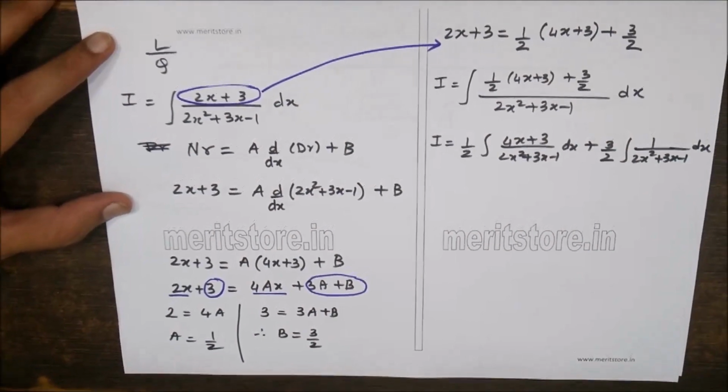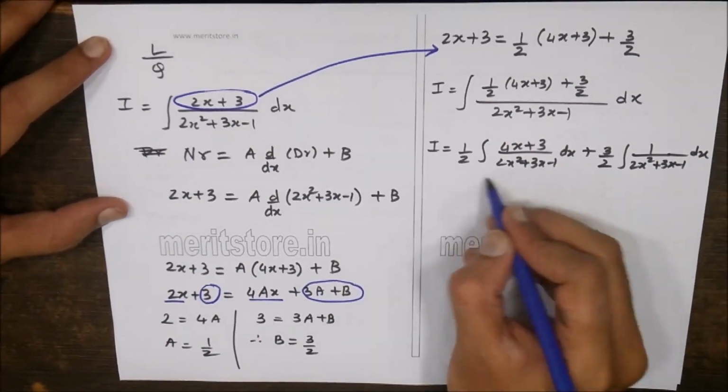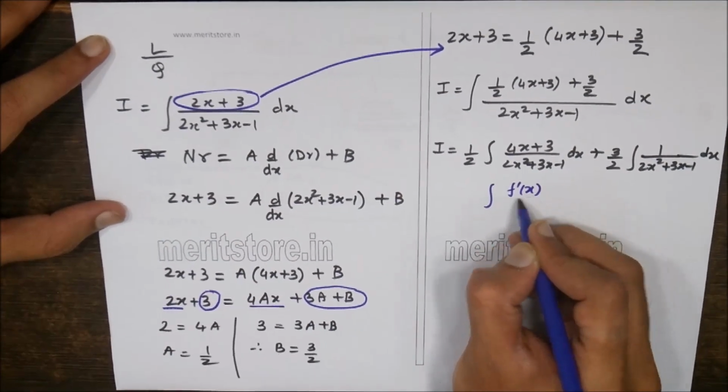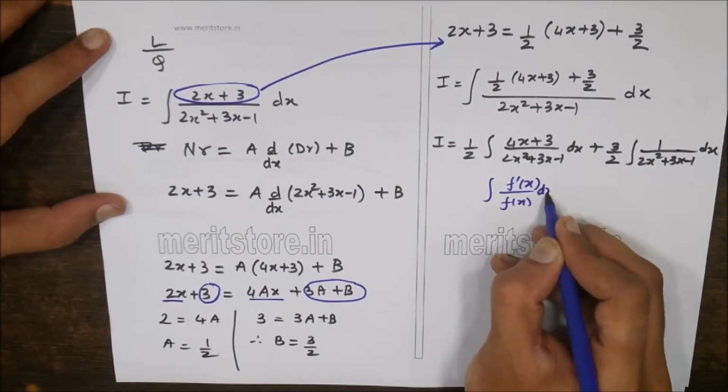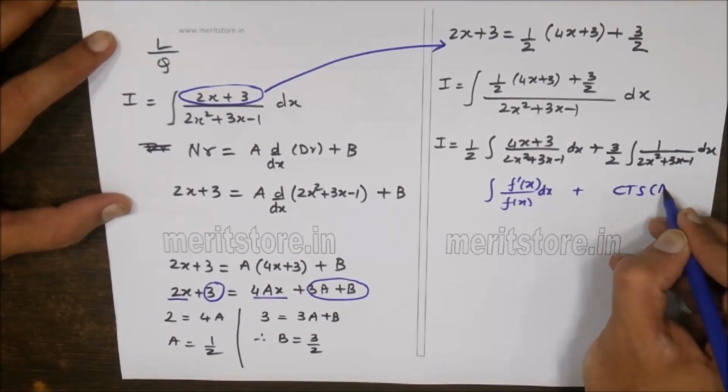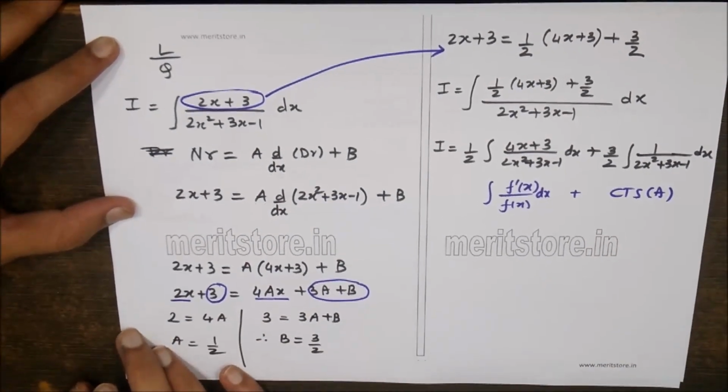Always remember, after doing this step, the first part of the integral will always be of the category f dash of x upon f of x dx. And this part, if you can closely observe, this is our CTS type A, which we did in the previous video.